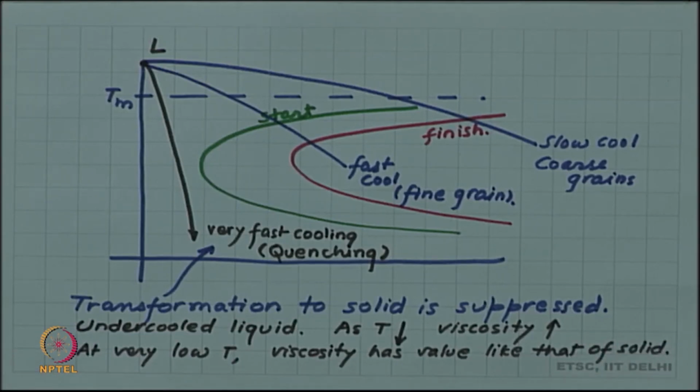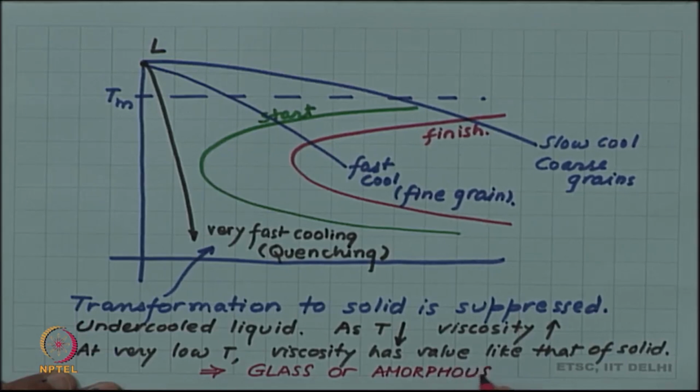And such undercooled liquid which appears to be solid in terms of its viscosity, in terms of its flow property, is what we call glass. So, essentially we have formed a glass, which is also called an amorphous solid.